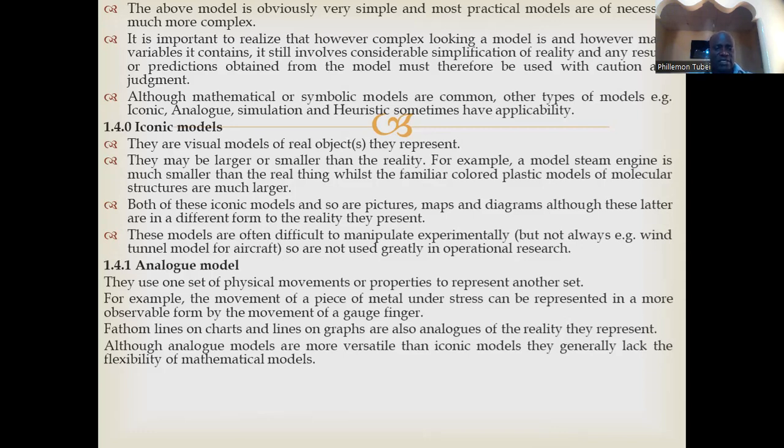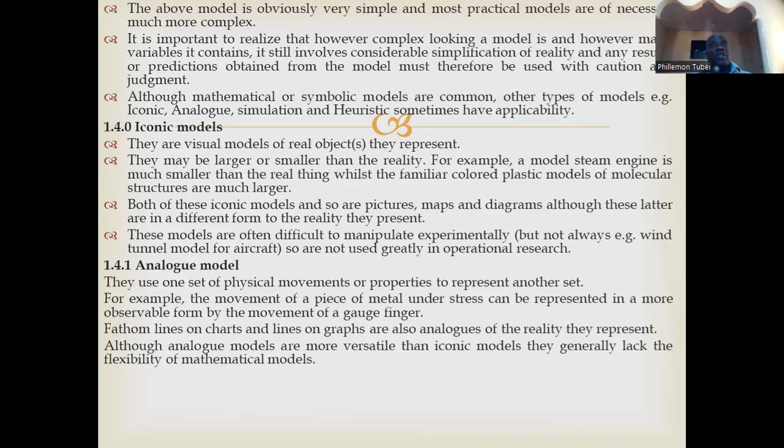iconic models. In mathematics, they are visual models of the real objects they represent. They may be larger or smaller than the reality. For example, a model steam engine is much smaller than the real steam engine itself, whilst the familiar colored plastic models of molecular structures are much larger.